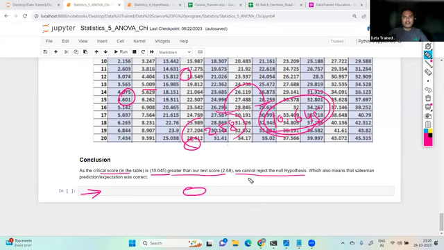The null hypothesis is that there is no difference, which also means that the sales prediction expectation was correct. Expected and observed are almost the same.